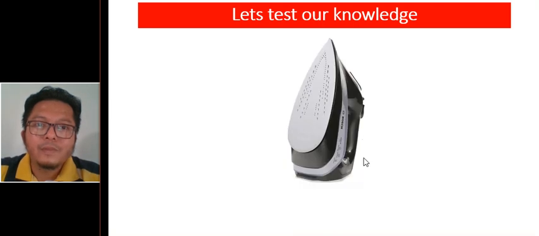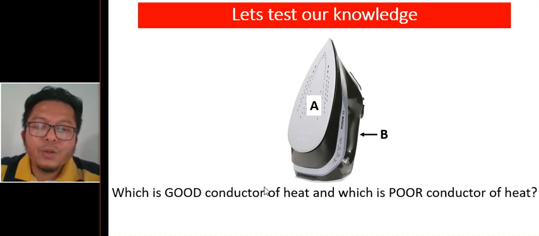Next, how about this one? What is it called? Iron. Iron for ironing your clothes. Now, A or B? Which one is good? Which one is poor? Which one is a good conductor of heat? Which one is a poor conductor of heat?